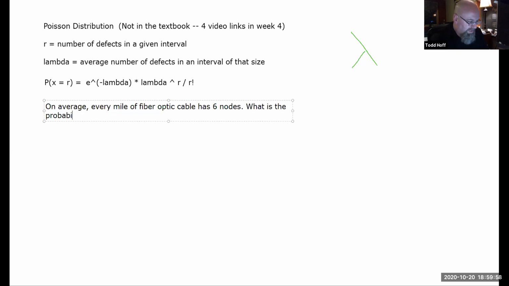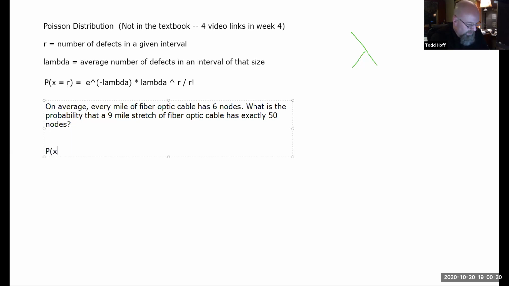What is the probability that a 9-mile stretch of fiber optic cable has exactly 50 nodes?